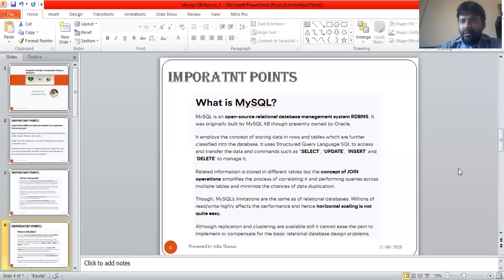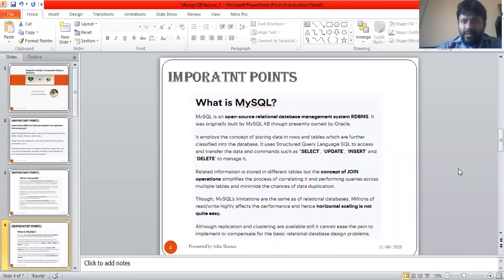Now, if you are familiar with MySQL, MySQL is an open source relational database management system, originally built by MySQL AB and presently owned by Oracle. It employs the concept of storing data in rows and tables, which are further organized into databases. It uses Structured Query Language, a high level language, to access and transfer the data with commands such as select, update, insert, and delete.